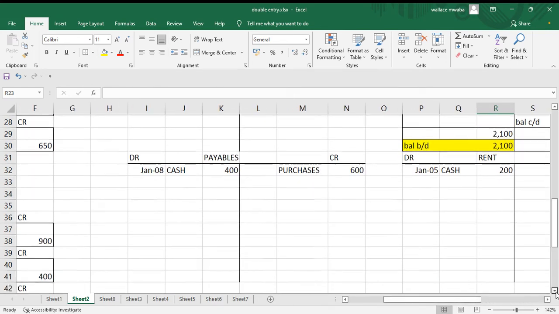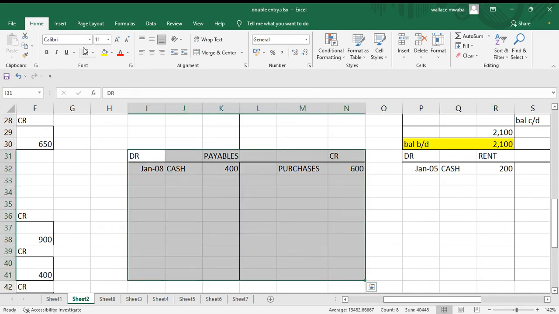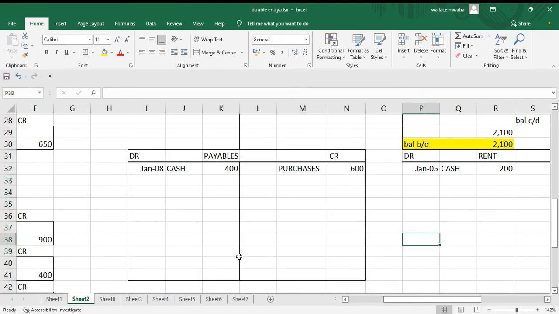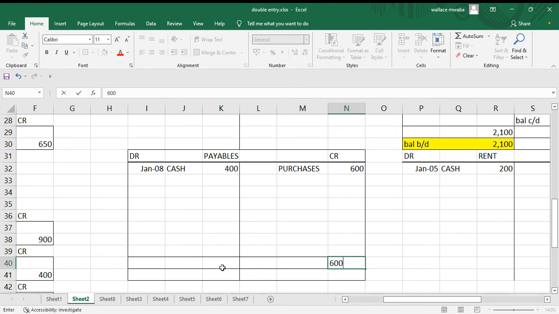We have our payables account. We can see the higher side is the credit side, so we record 600 on both sides.